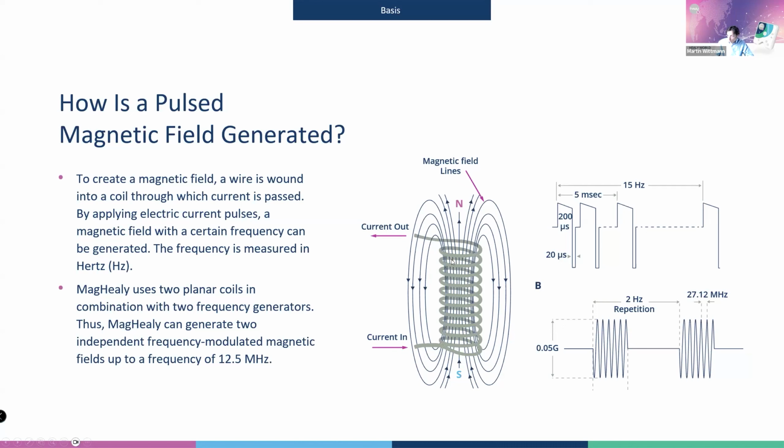So this is basically a wire, which is put around something, so that you have small coils basically. And then you are applying electrical current pulses with a certain frequency. And this way you basically create a magnetic field with a certain frequency. And as I already told you, we have two coils inside, so we can use two magnetic fields at the same time.